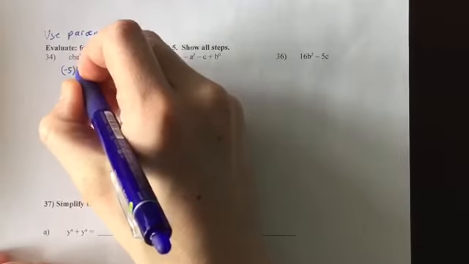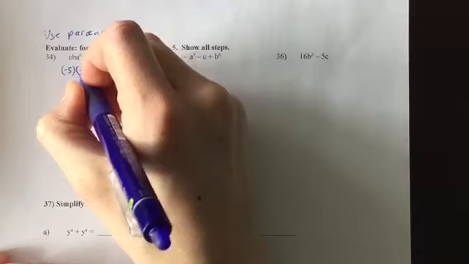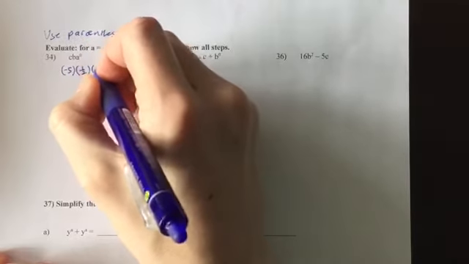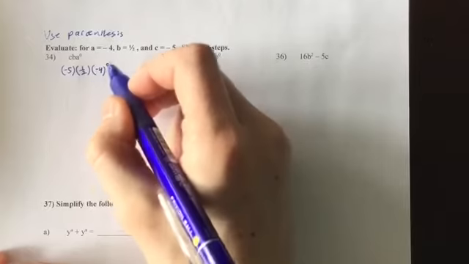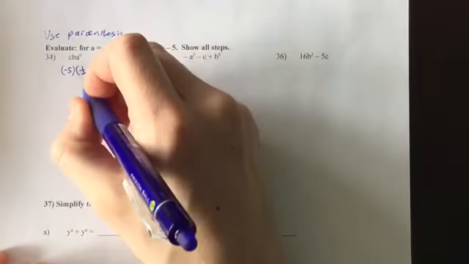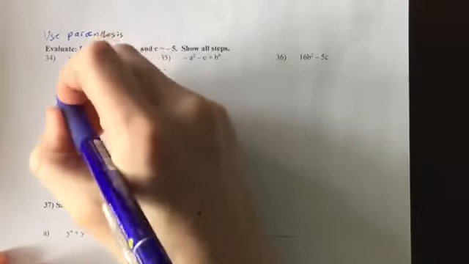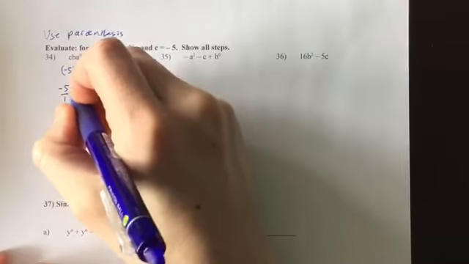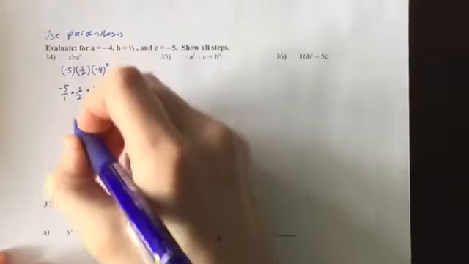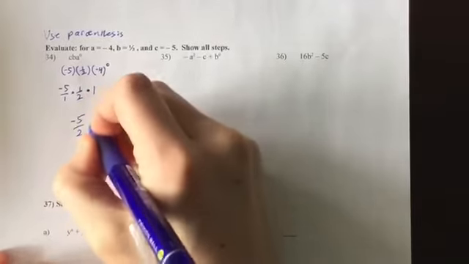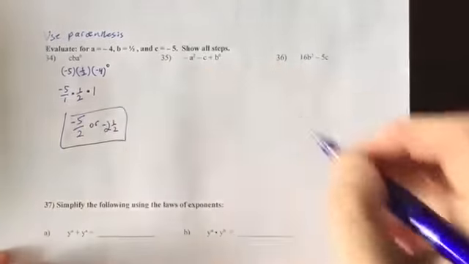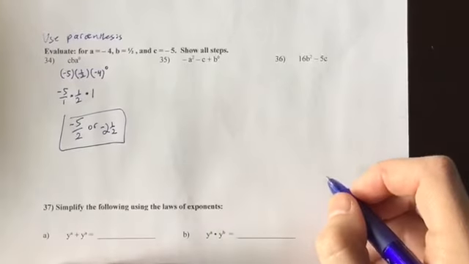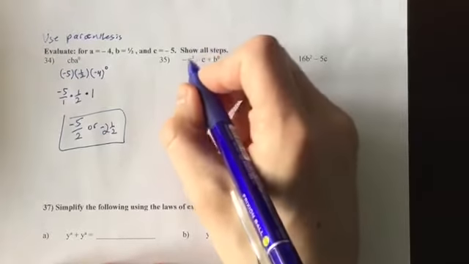So we've got negative 5 times 1/2, B is 1/2, and then A is negative 4 to the 0 power. Now remember, negative 4 to the 0 power is 1. Then that's negative 5 times 1/2 times 1. That's going to be negative 5 over 2, or negative 2 and a half. On 35, we got to be careful, got some exponents there.